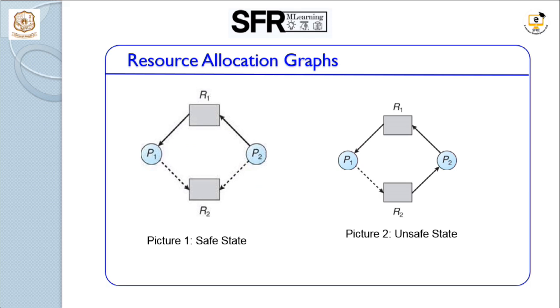Here, look at this picture: it leads to a circular wait. But in picture 1, there is no circular wait. So based on the allocation we can determine whether the system is in a safe state or an unsafe state. Hence, the resource allocation graph is very important in identifying deadlock. In this way we can reduce circular wait with the help of the resource allocation graph.